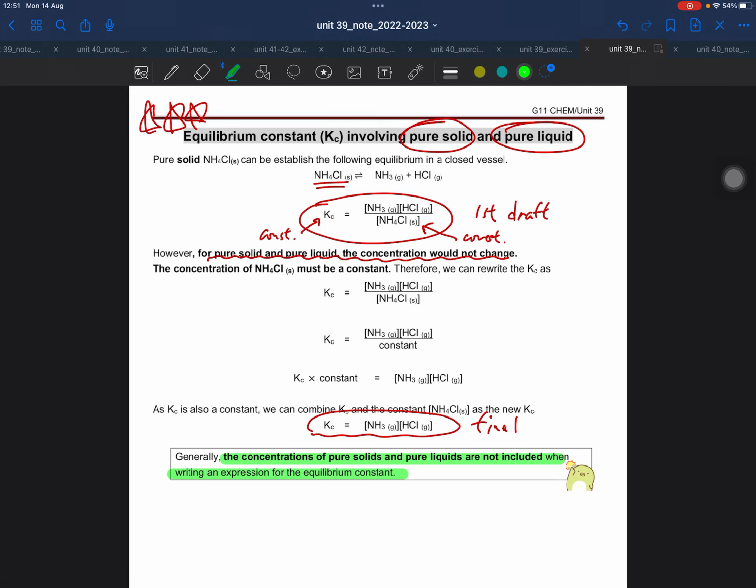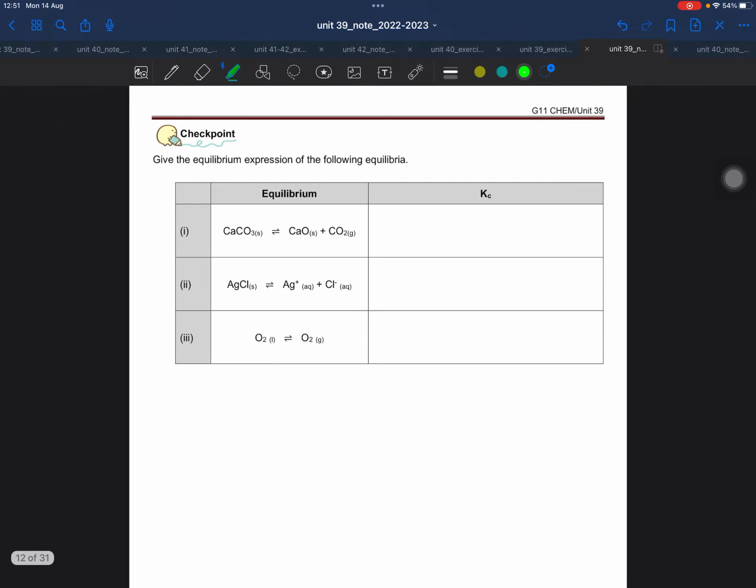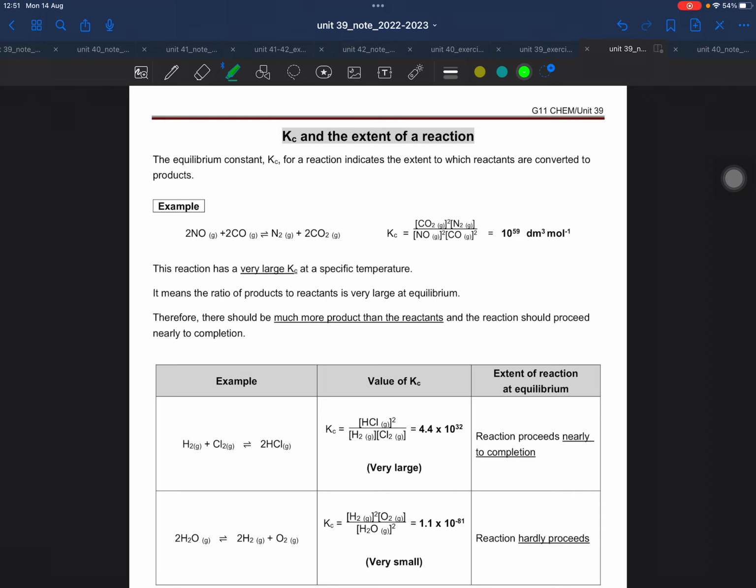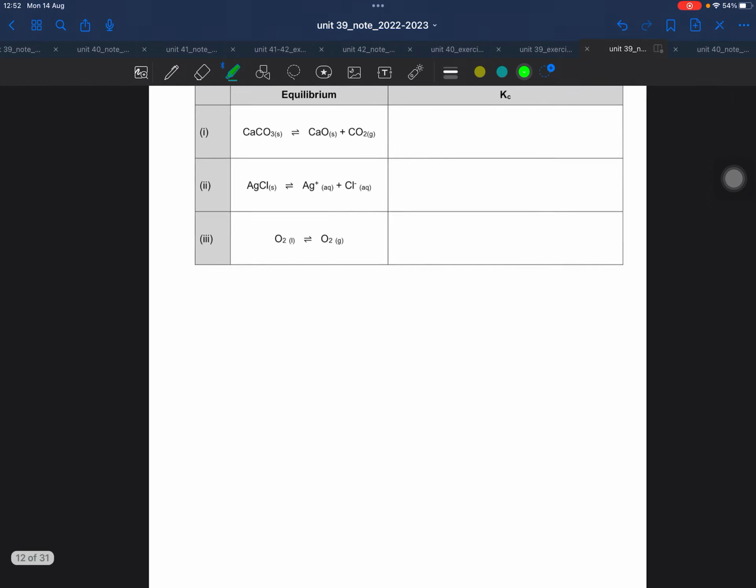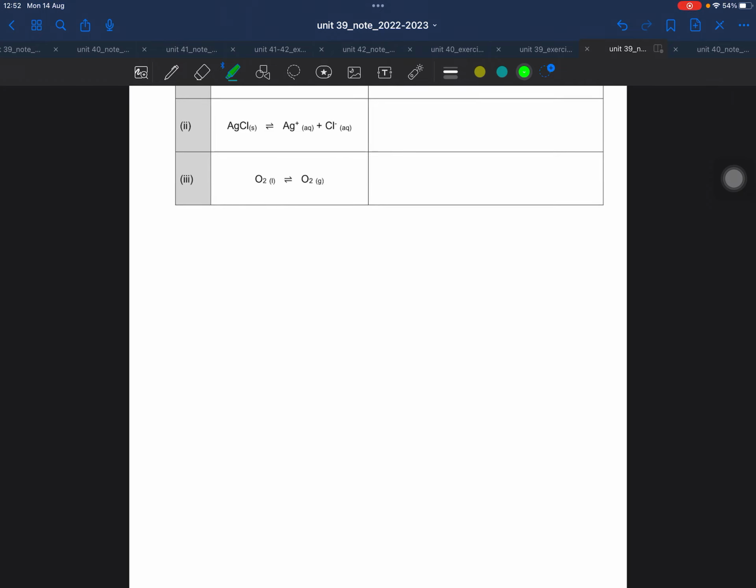Next, pure solid is simple, but what about pure liquid? Now, for pure liquid, there is a special component, which is water. So if water is mentioned, please pay attention. This is tricky. Water actually has two characters.